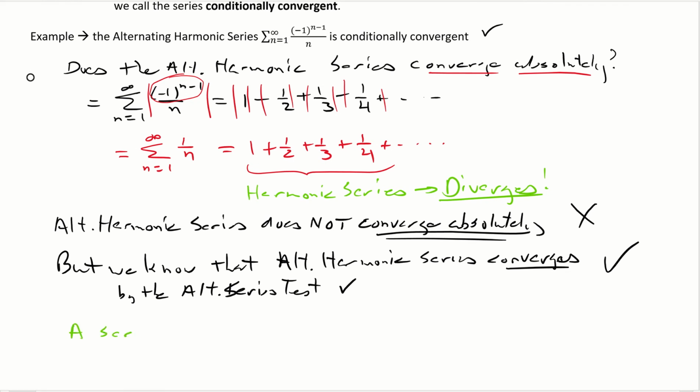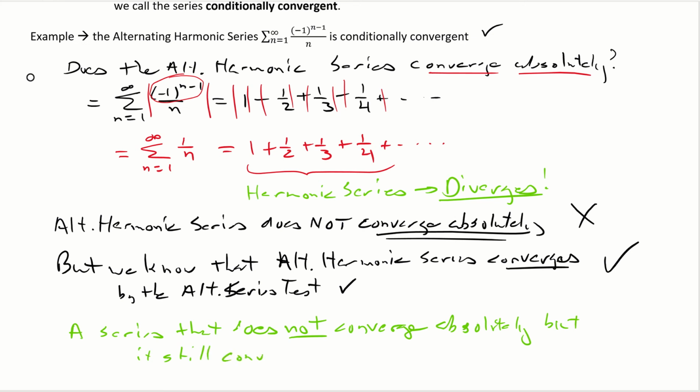A series that does not converge absolutely, but it still converges, typically as an alternating series, but it still converges with the signs of the terms intact. We didn't change them, we didn't make them positive, but as a natural series, it still converges.